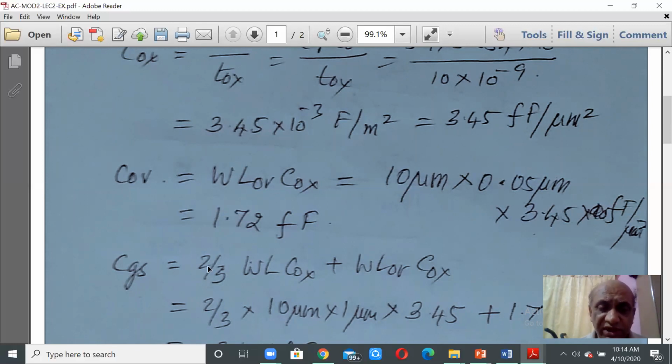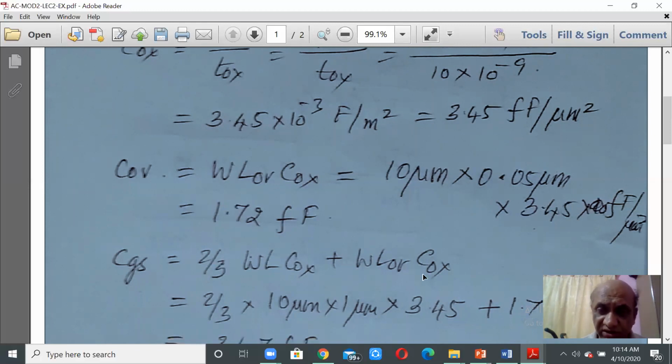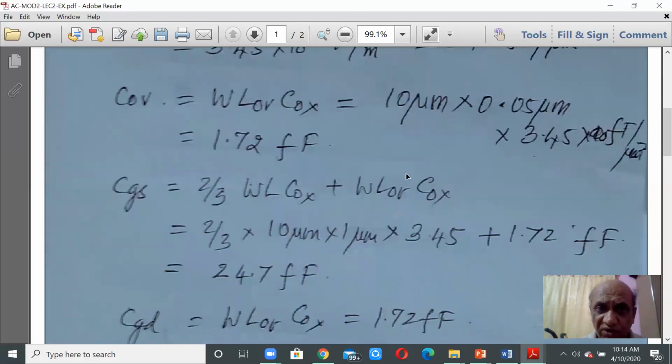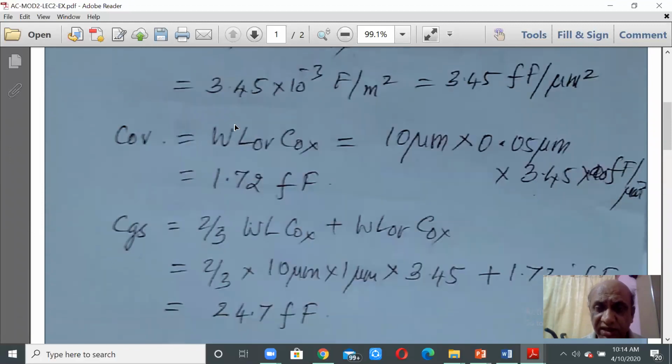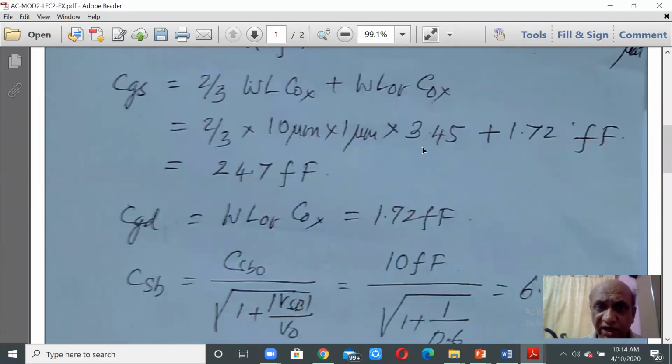Then the value of Cgs is 2 by 3 W L Cox plus W Lov Cox. We have already found 1.72, and the same thing is substituted here. This is 2 by 3 of W L, and Cox we found as 3.45, and hence we'll get at the end 24.7.